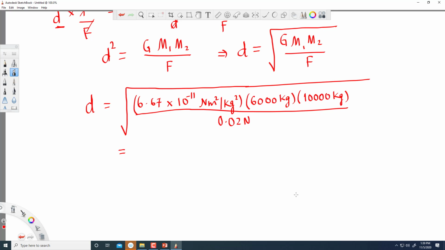We don't need parentheses because we want to cover everything with the square root. Now divide that by 0.02. Then put the parentheses and press enter. So that would be the distance.